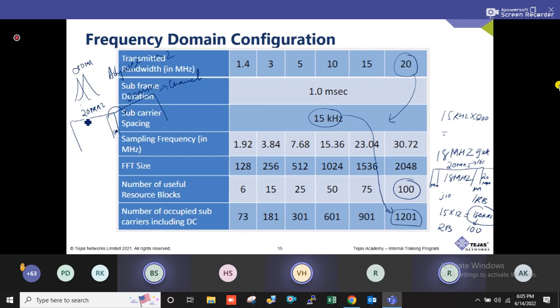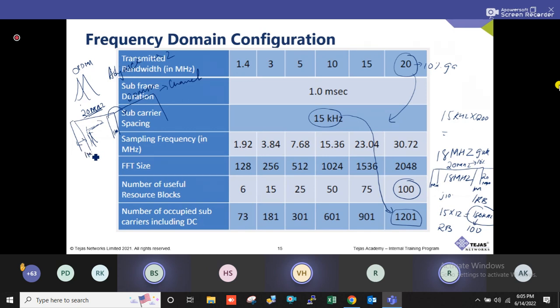So remember this, in 20 megahertz also we are giving 10% guard period only at the starting and ending. In between we are not giving any guard period. Okay. In between, whenever we are doing 15 kilohertz, there is no guard period. The guard period, or the guard band, we don't call it a period, sorry, it is a guard band.